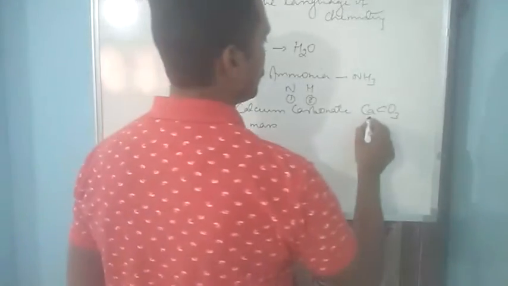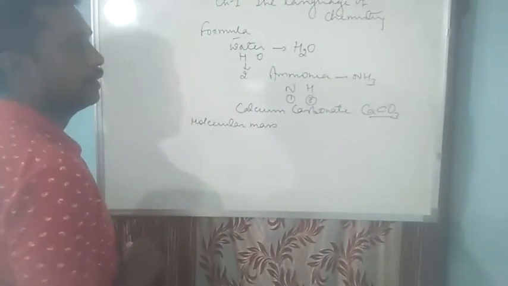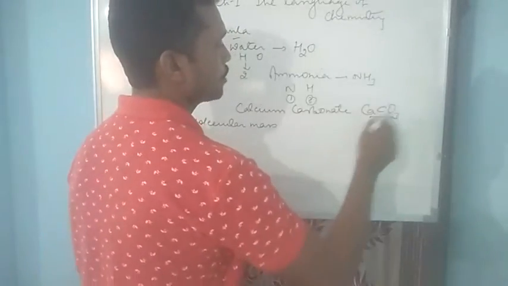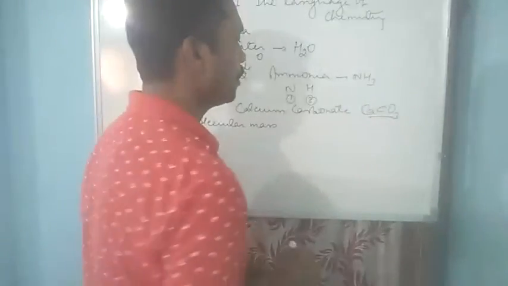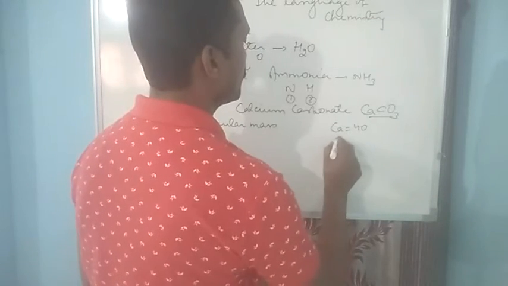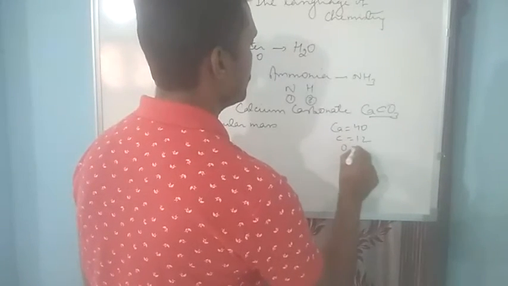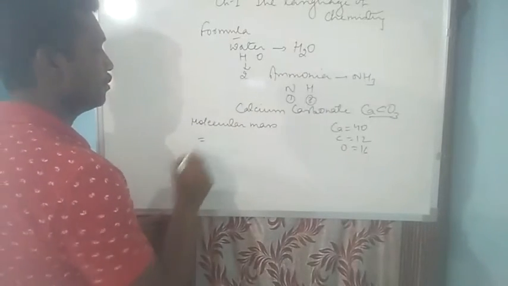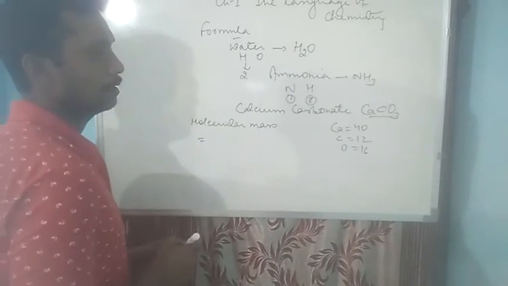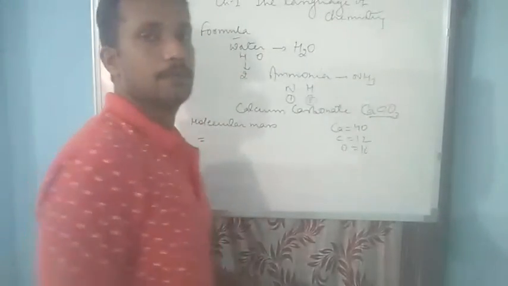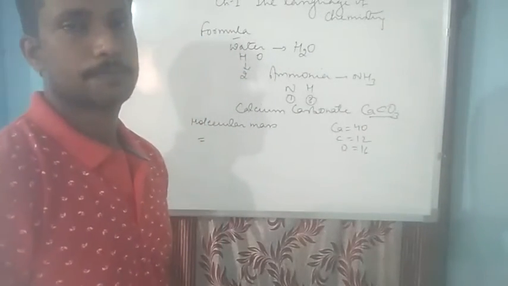Suppose we want to find the molecular mass of calcium carbonate. For this we need to know the atomic mass of the elements involved. Calcium atomic mass is 40, carbon is 12, oxygen is 16. To calculate the molecular mass, the number of atoms has to be multiplied by the respective atomic mass.